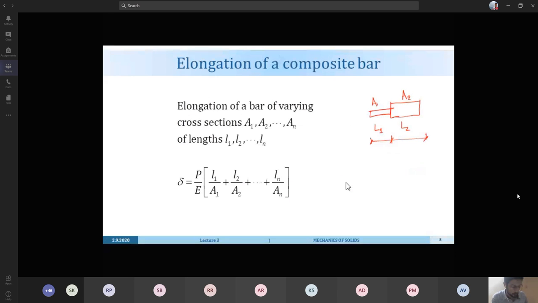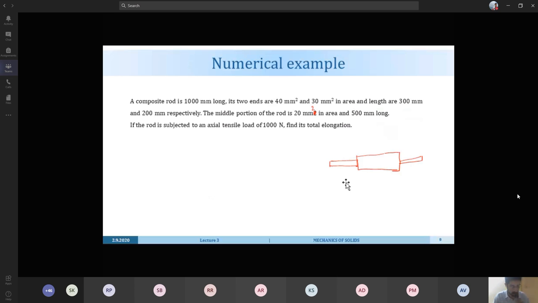The formula we have to apply here is this one. I think this is a simple problem and we can find it out easily. I will just write the expression here. So delta equal to 1000 by 200 into 10 raised to 3. This region is 500, this region is 300, and this is 200.